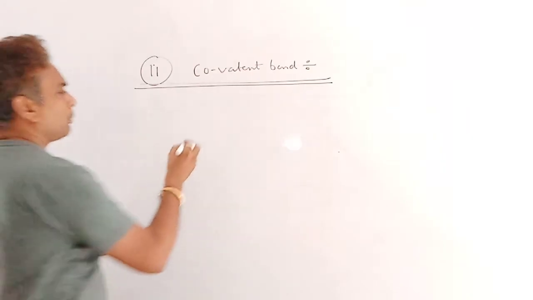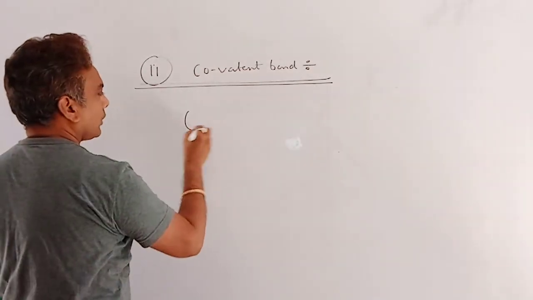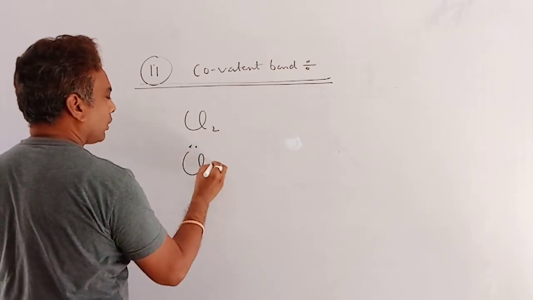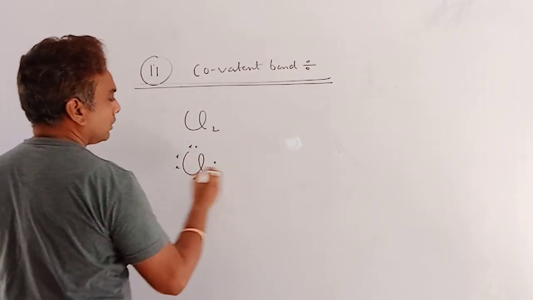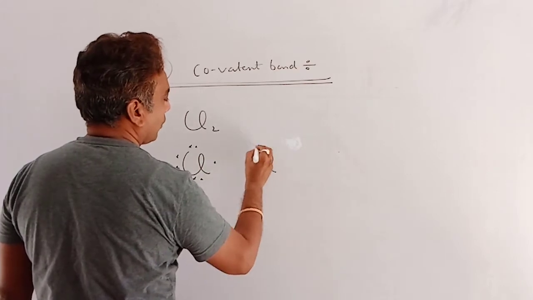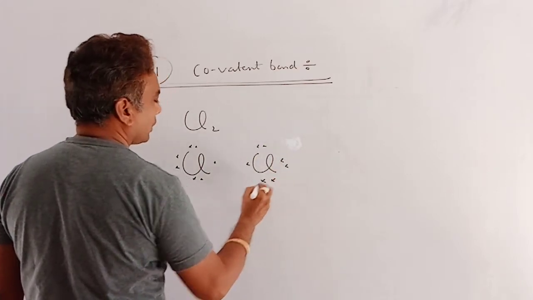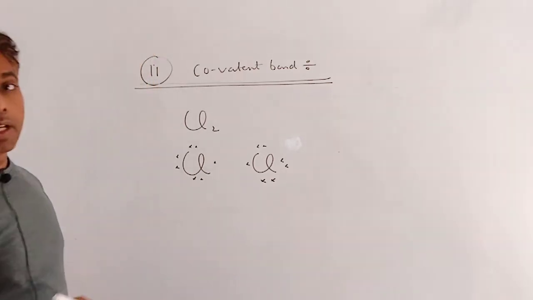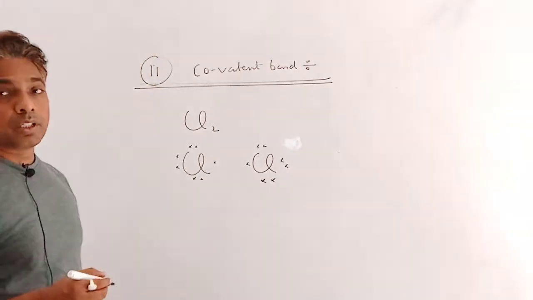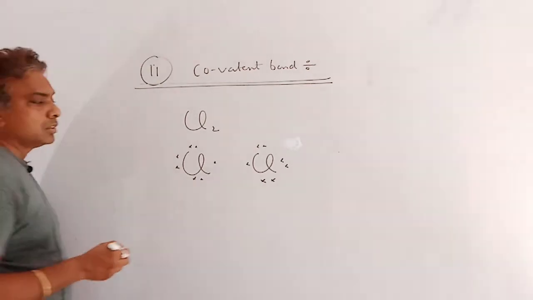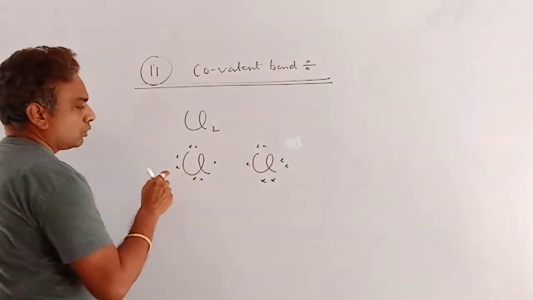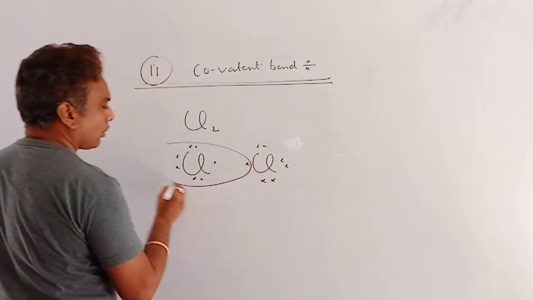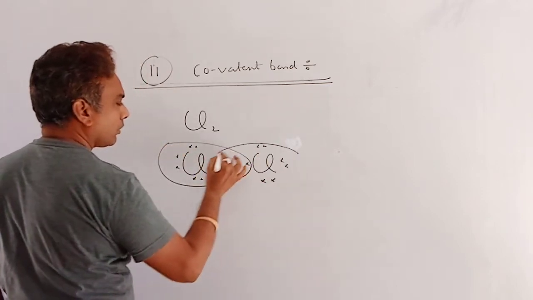Clear? Suppose Cl2. Chlorine contains 7 electrons in the outer shell, and the other chlorine also contains 7 electrons in the outer shell. Both require 1 electron to gain the outermost configuration of the nearest noble gas, which is argon. So the electron of one chlorine is shared with the electron of another chlorine.